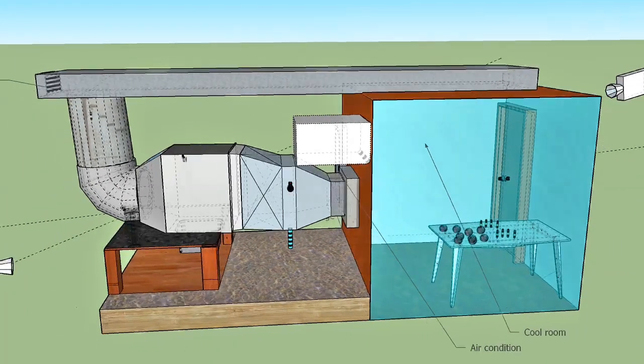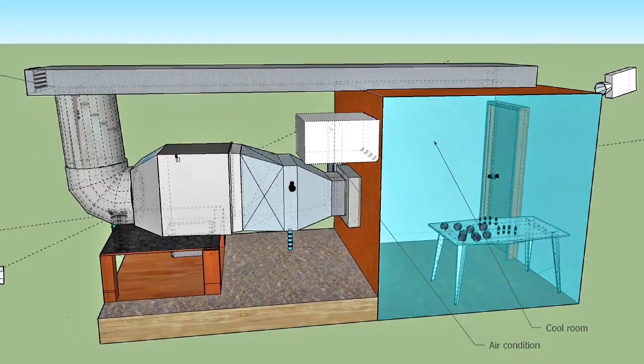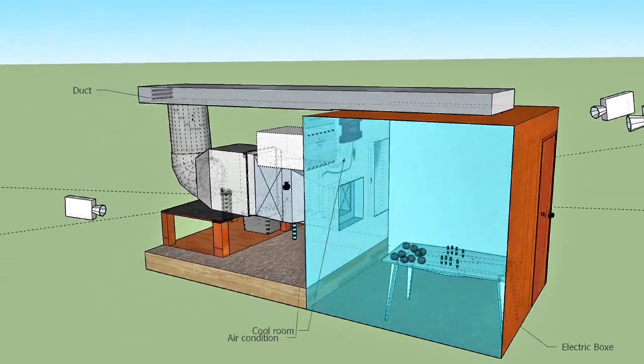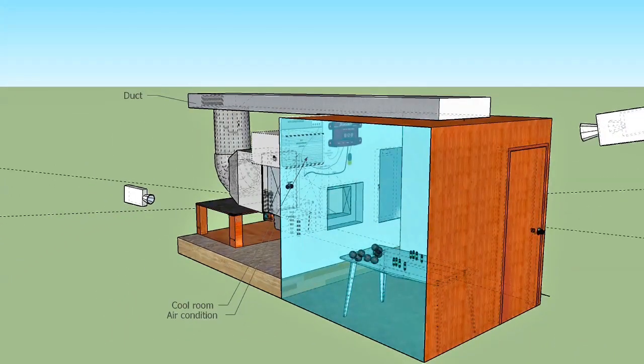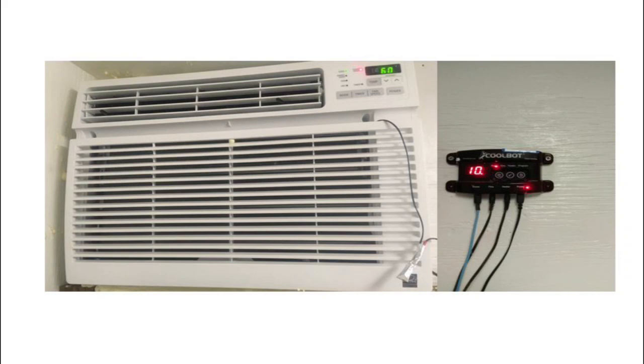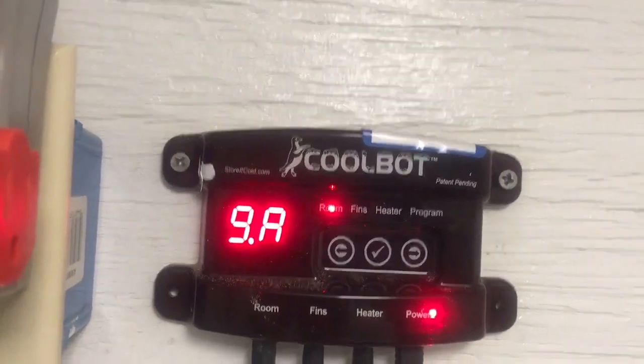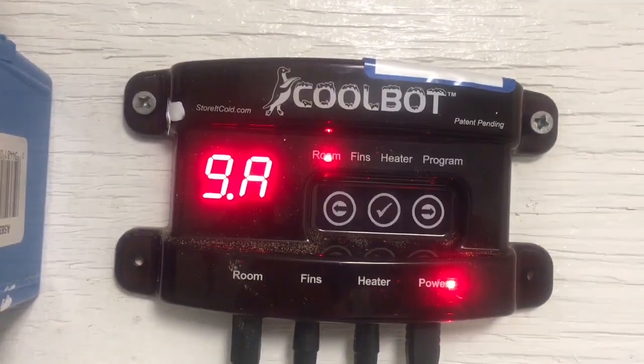The cooler room was equipped with a wall-mounted window-type air conditioner. It was an LG brand rated at 12,000 BTUs. The air conditioner was controlled by a CoolBot temperature controller to override the normal air conditioner temperature and cool the room down to the desired cooler temperature.